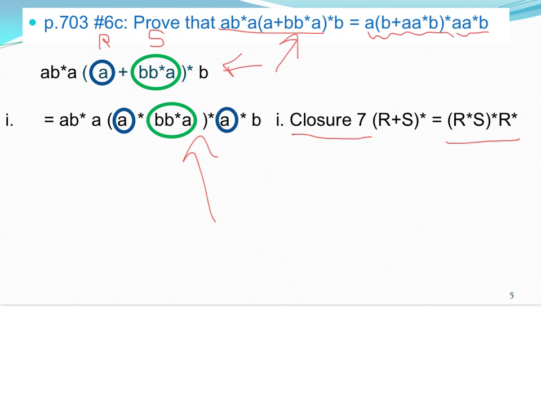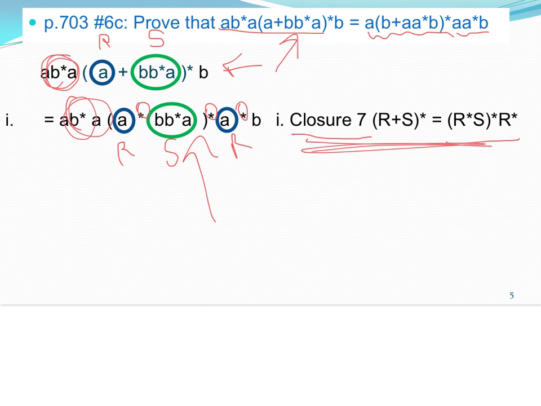We left the stuff outside the parentheses the same, and we used the closure 7 rule to do that first step.